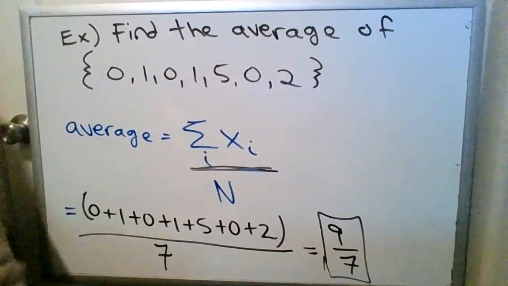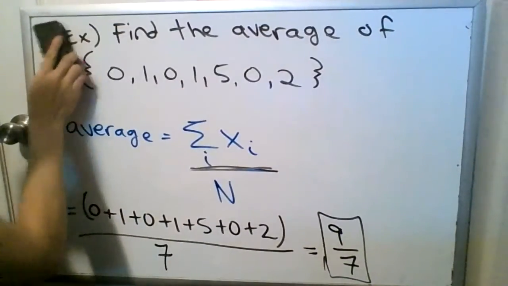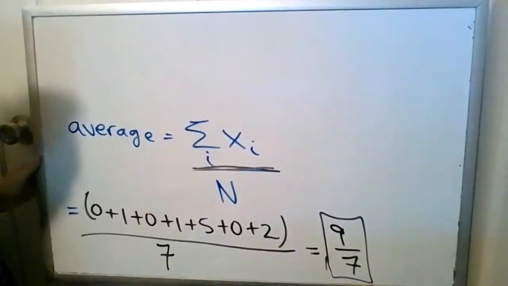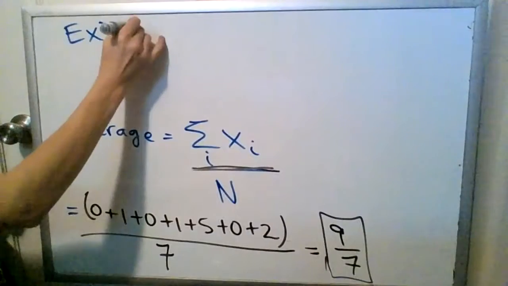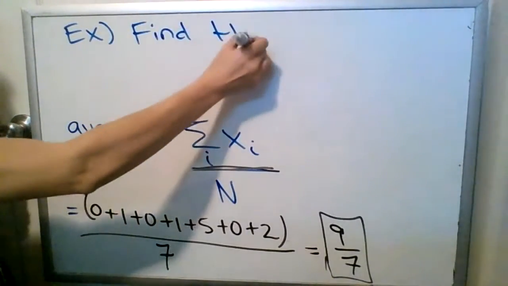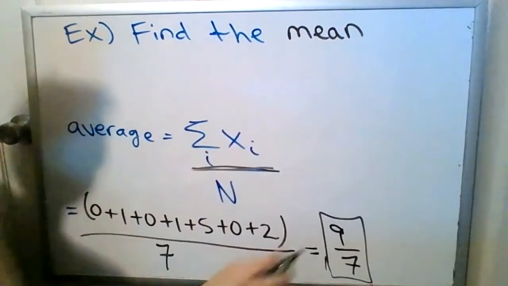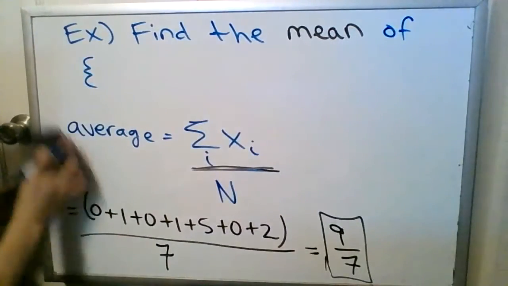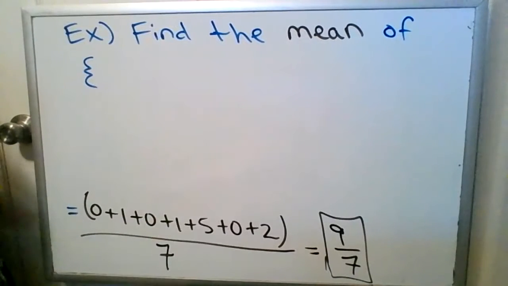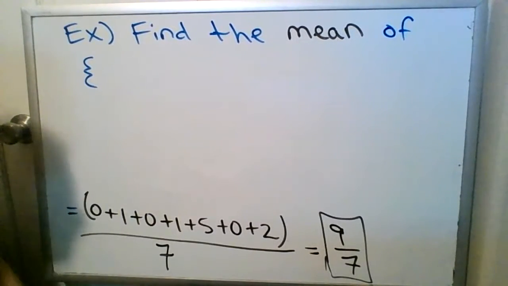Okay, we're going to find the mean. This time it's -5, 10, -13, and 2.